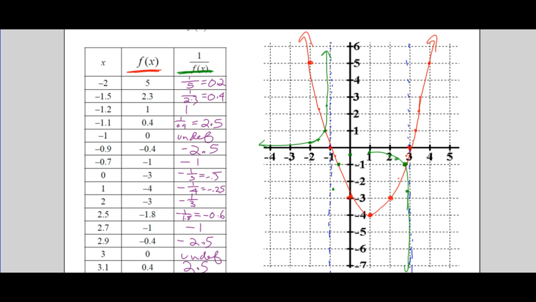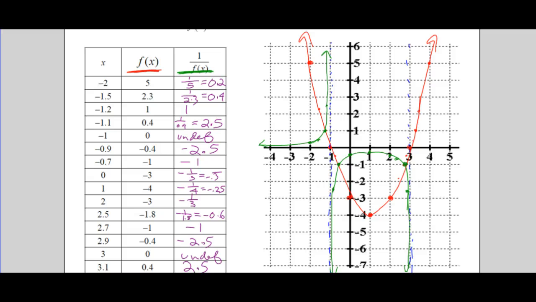What happens on this side? Same thing. As I get closer to negative 1 from above, as in negative 0.99999, these values are going to get really large, but really large negative values. So that's what's happening in between here.